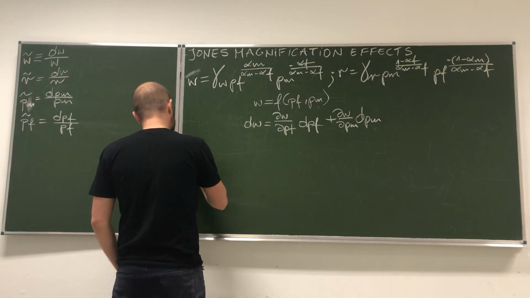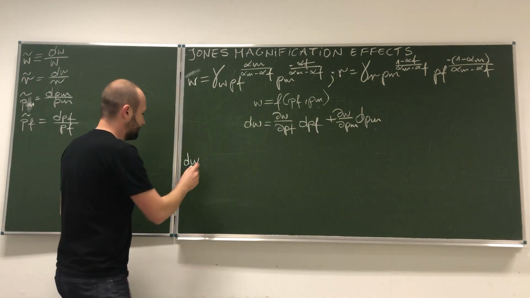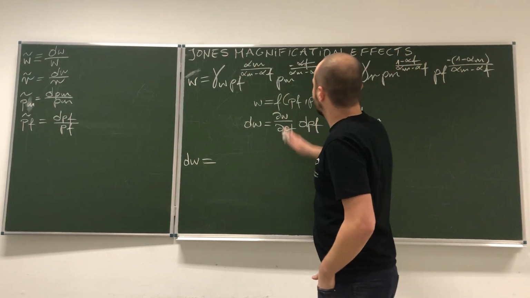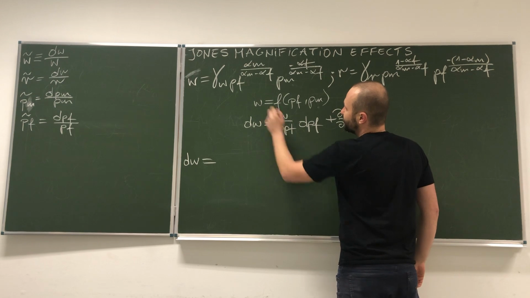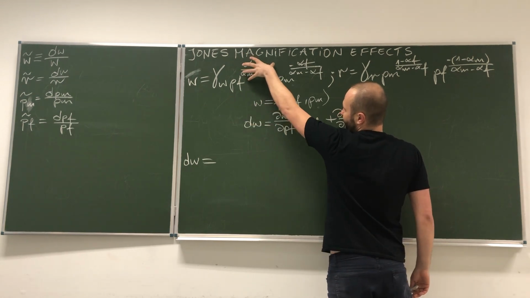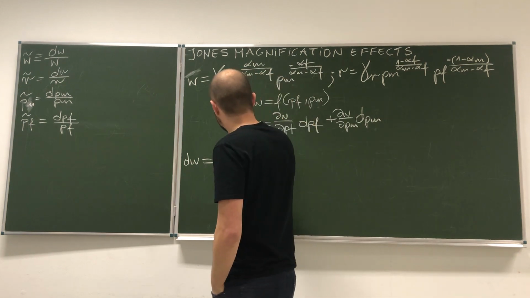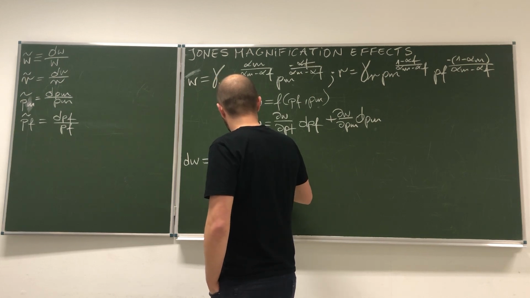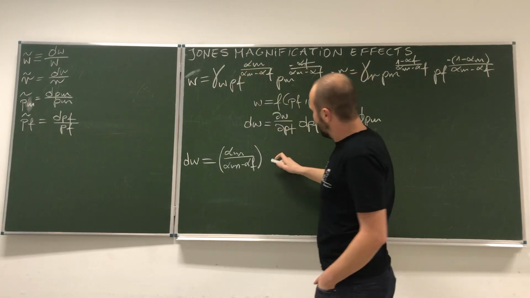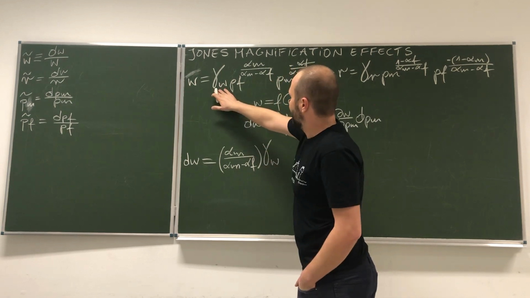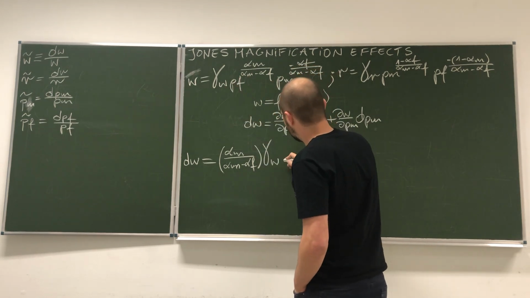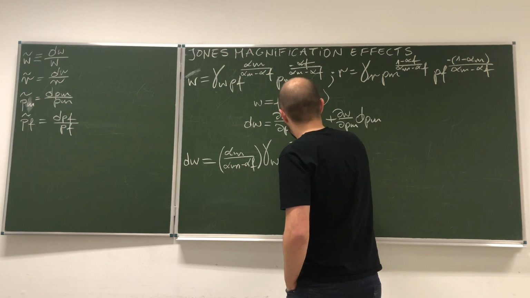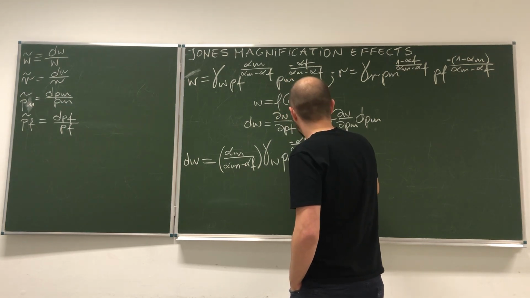So we get dW is equal to, okay, first we need to calculate this derivative. Because we differentiate with respect to price of food, this power goes up front, right? So we get alpha m over alpha m minus alpha f. Then this expression stays the same. This is a constant in front. So we've got Pm to the power minus alpha f over alpha m minus alpha f.